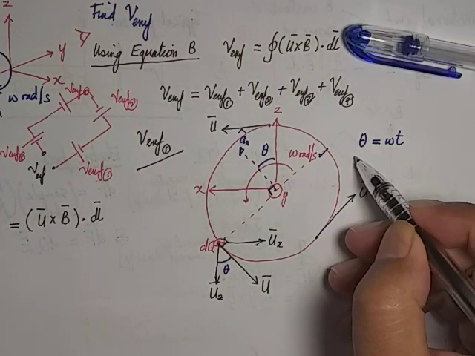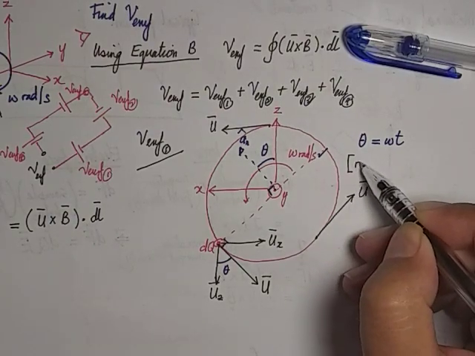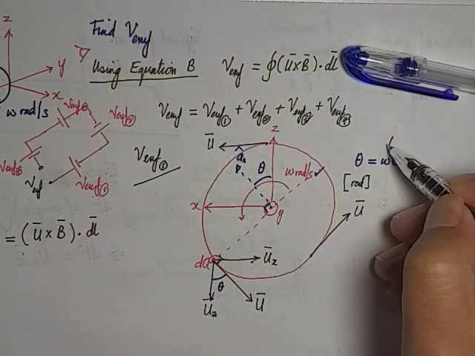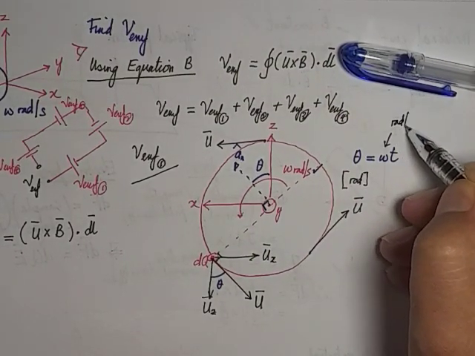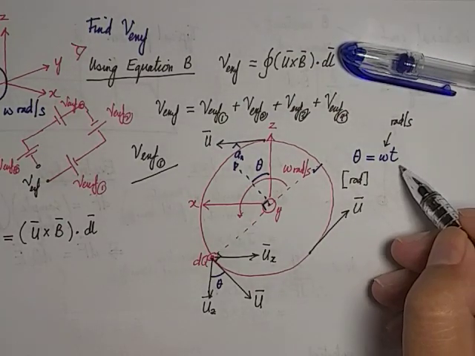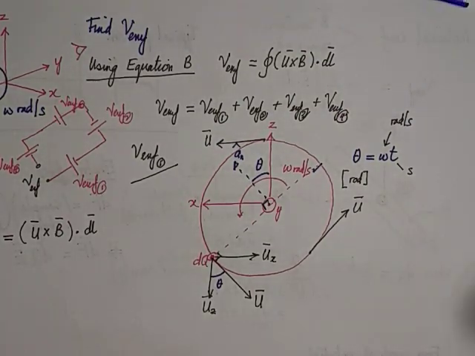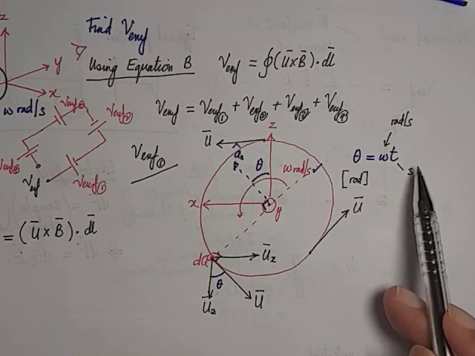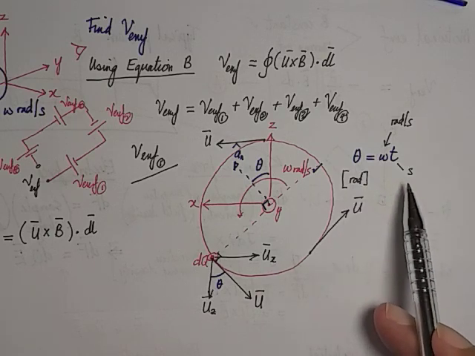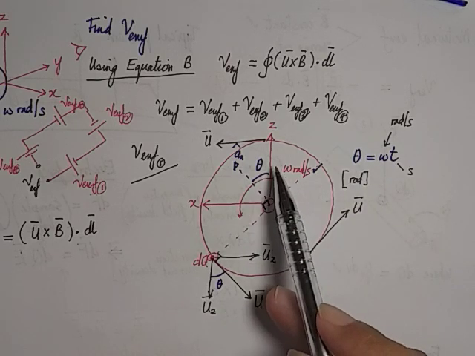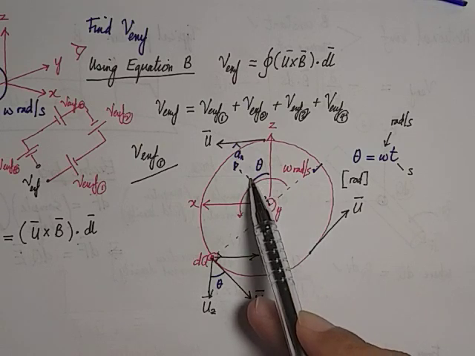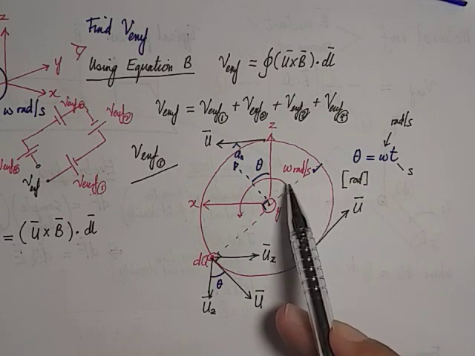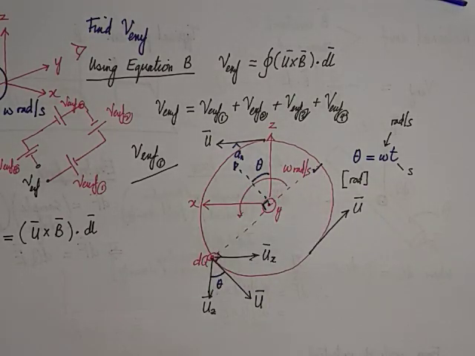What is the unit for angle theta? Radian, correct? What is the unit for angular velocity? Radian per second, correct? That's given by the question. And what is the unit for time? Second. So by looking at the units, we can state this relationship is valid. So the theta, which is the angle between the z-axis and the unit vector normal to the area, is related to the angular speed by that particular movement of the blade.